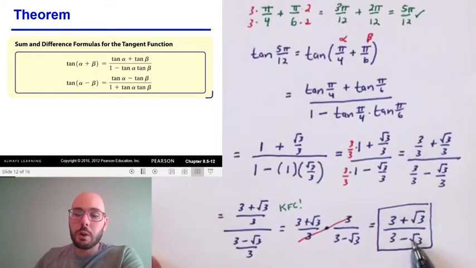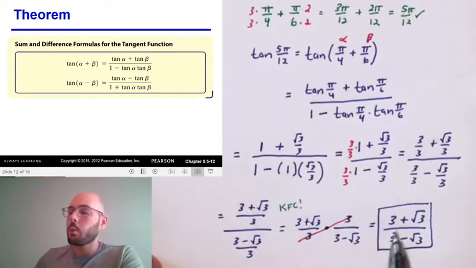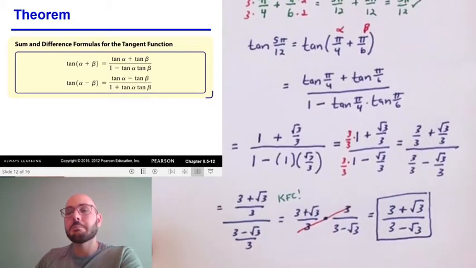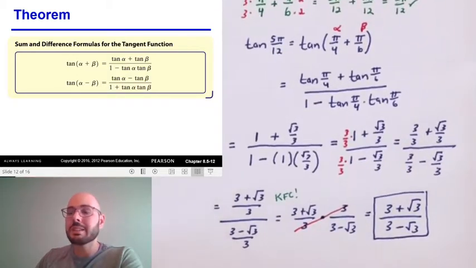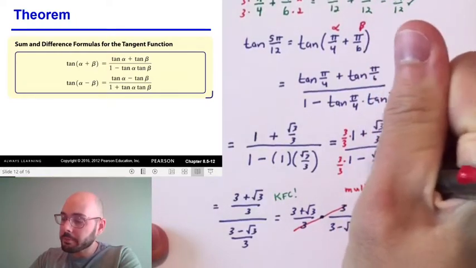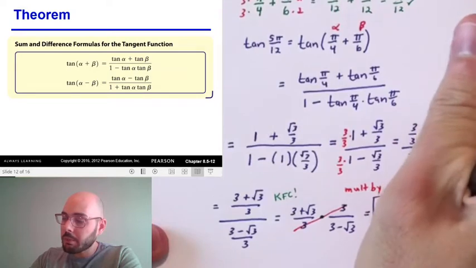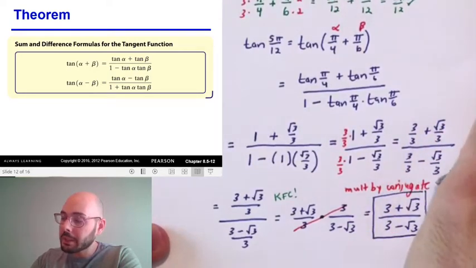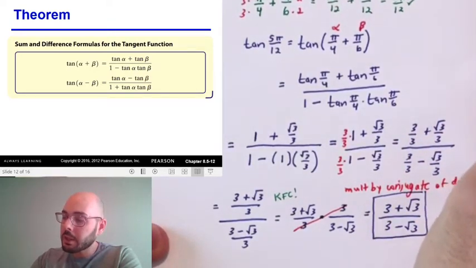This has a square root on the bottom, which is what we don't like. We haven't really seen much like this though, because there are 2 terms on the bottom. So what I'm going to have to do to rationalize this is multiply by the conjugate of the denominator. So that's what I'm going to do. Multiply by the conjugate of the denominator. You might not recall what that means, but I will tell you.